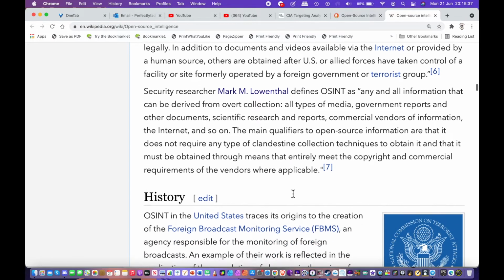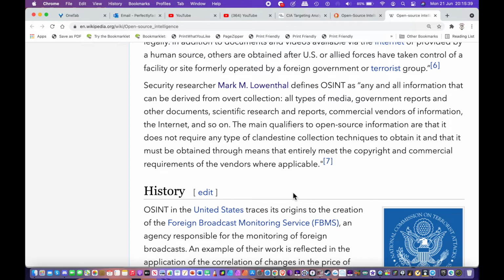The main qualifiers to open source information are that it does not require any type of clandestine collection techniques to obtain it, and that it must be obtained through means that entirely meet the copyright and commercial requirements of the vendor where applicable. I think I'm saying it right. Applicable. Yeah. Okay.